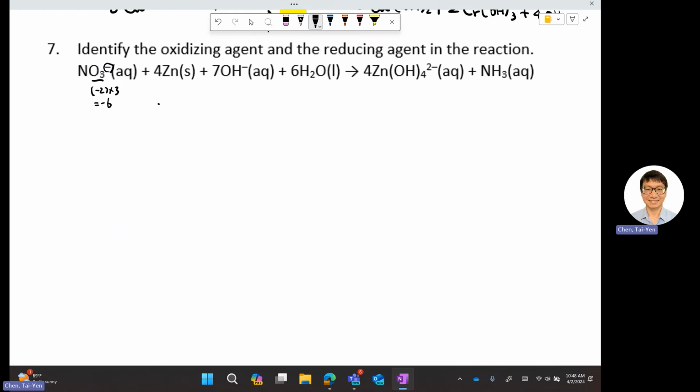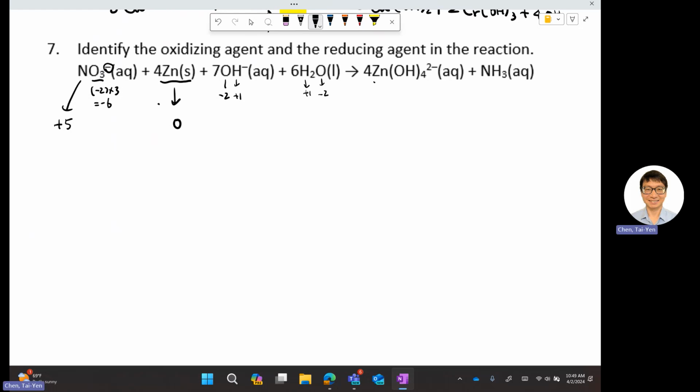The overall charge is -1. That means your N is simply +5. Zinc is a monoatomic species in the neutral state, therefore the oxidation number will be 0. O is -2, H is +1, nothing special. It's the same, +1, -2.